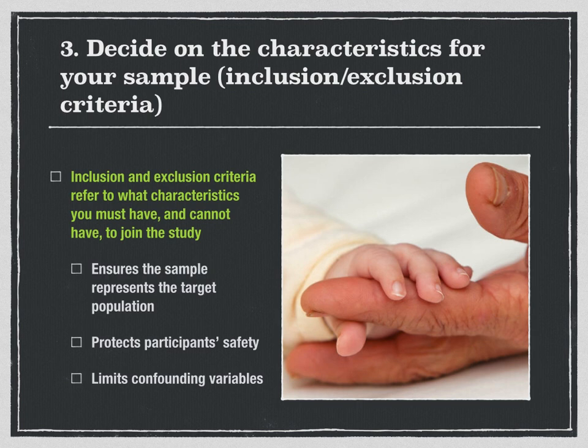They also use inclusion and exclusion criteria to protect participants' safety. For example, some elderly people with walking difficulties should probably be excluded from a Zumba exercise intervention to prevent the possibility of injury. These criteria also ensure that participants do not introduce any confounding variables. For example, if you want to test an exercise program to combat obesity, you may want to include people who are currently obese and exclude people who are already major athletes.